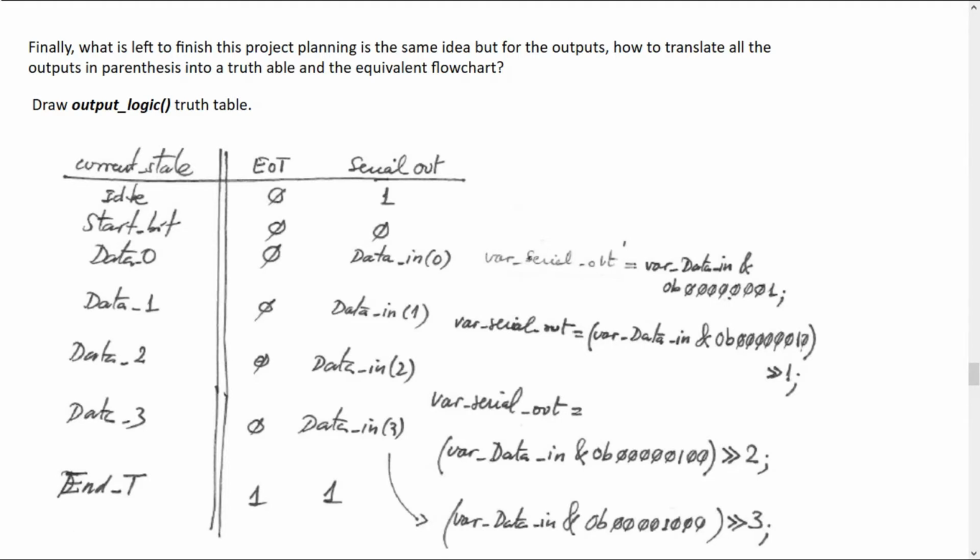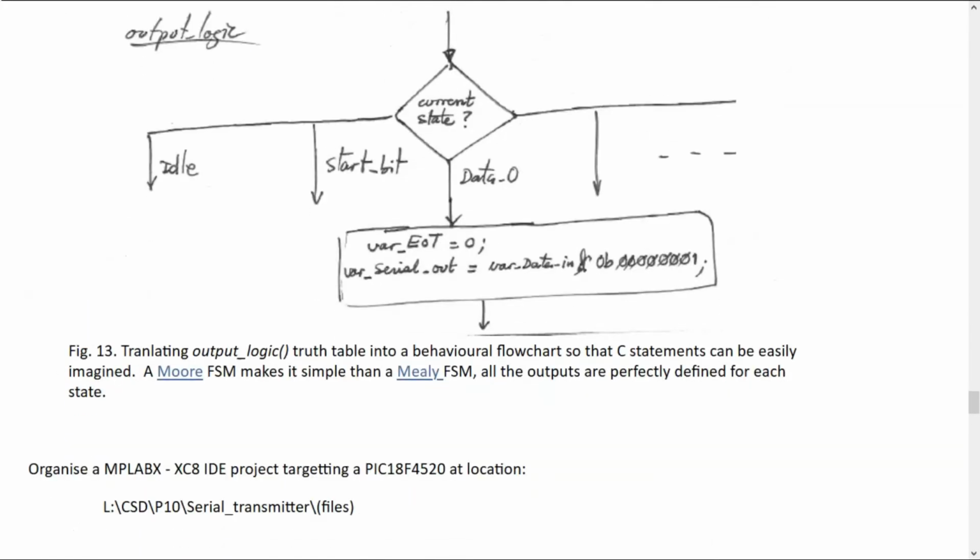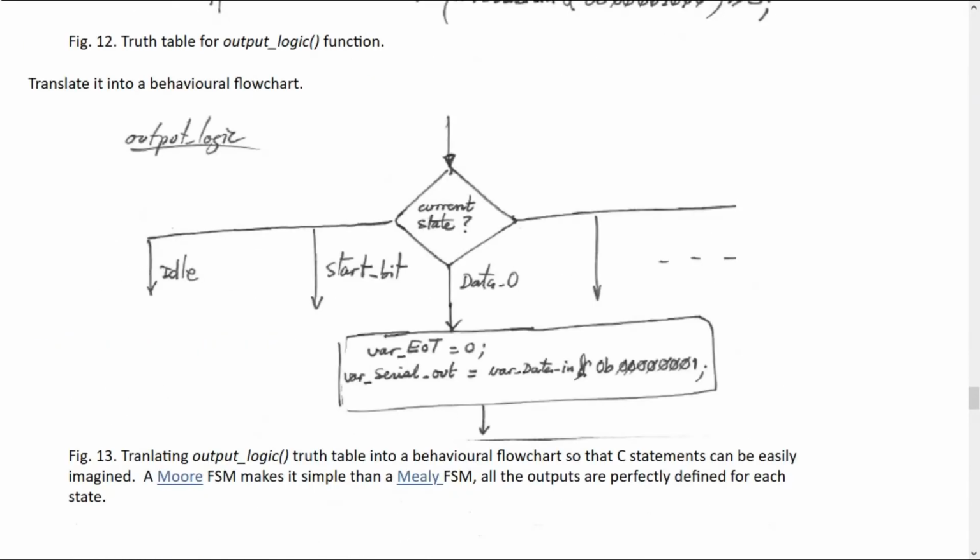So if it happens that you are, for example, at the start bit, you know that the end of transmission is 0 and the serial output is 0. So that is the way it works, and the same way you transfer this truth table into a flowchart.